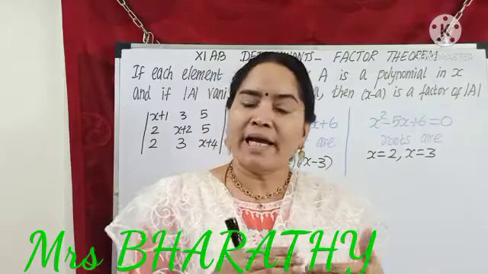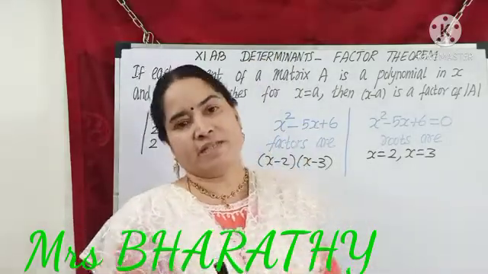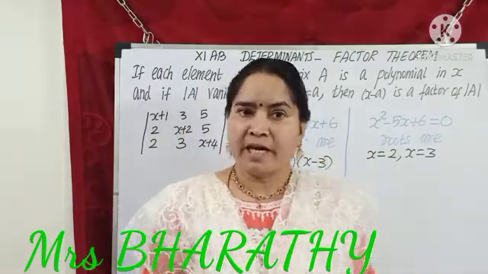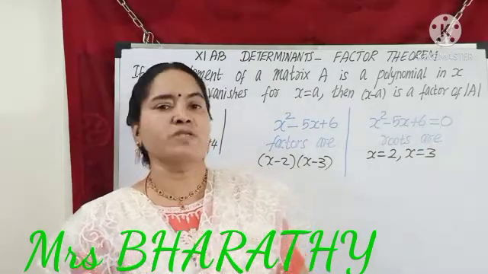So I will call x minus a the factor of the determinant A, or I will say x is equal to a is a root of the equation determinant A equal to 0.